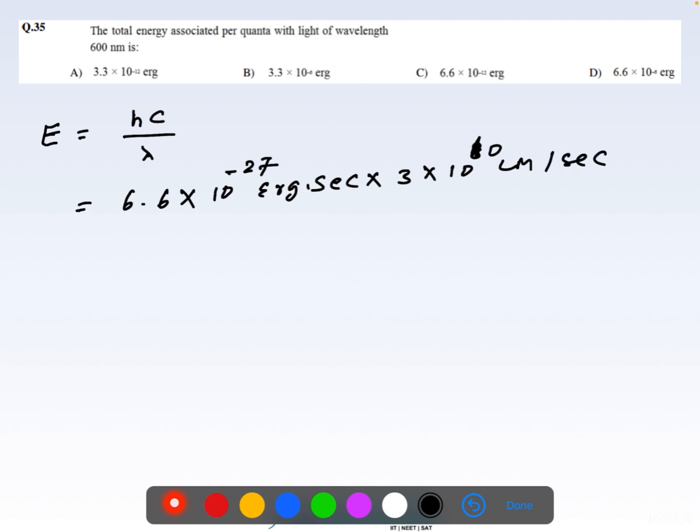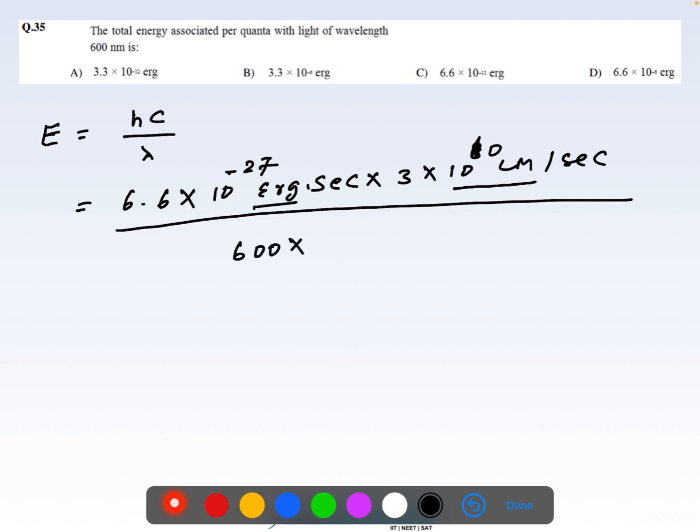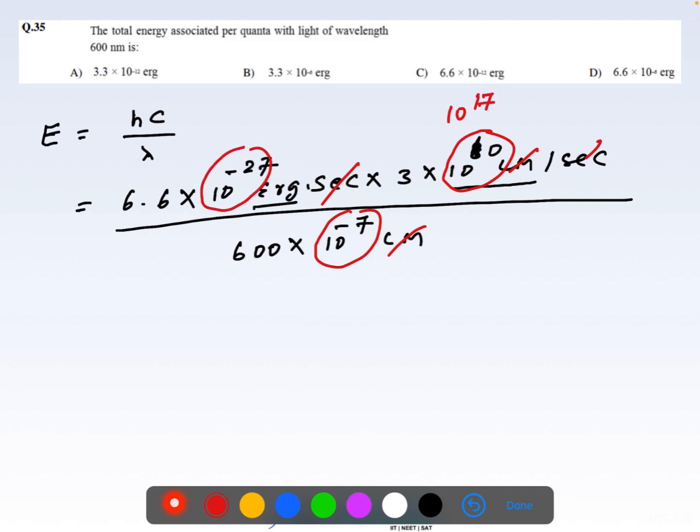Since we are taking energies in ergs, the distance should be taken in centimeters. Divided by lambda, which is 600 into 10 to the power minus 7 centimeters. Here we can cancel some of this: centimeter cancels, and second and per second cancel. Then 10 to the power minus 7 and 10 to the power 10 give 10 to the power 17, and 10 to the power 17 cancels with 10 to the power minus 27 to get 10 to the power minus 10.